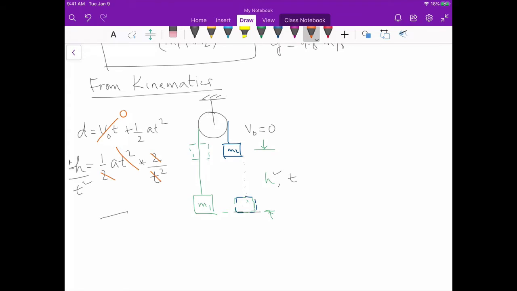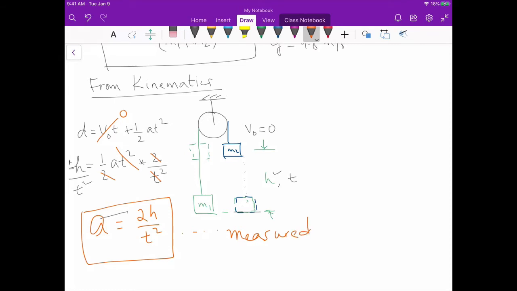Then your acceleration a is going to be 2h over t squared. So you have another acceleration calculation. This is a measured one. You can call this the measured acceleration, as the lab manual says.